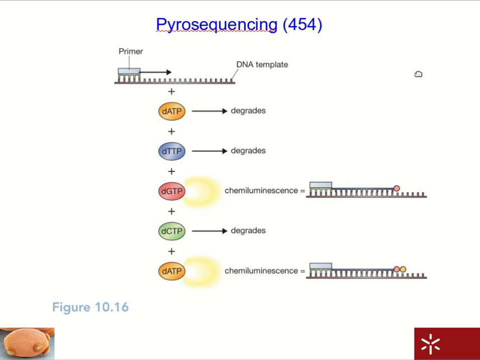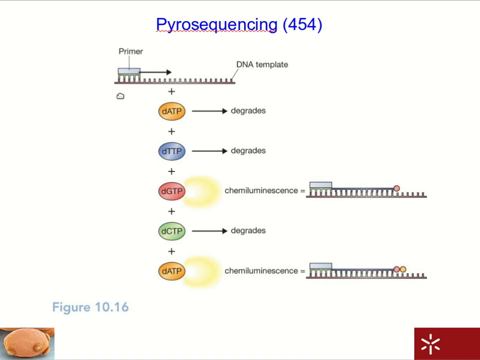The chemistry of the sequencing reaction, called pyrosequencing, used by the 454 protocol, is quite similar to the chemistry used by Sanger sequencing. The main difference here is that each nucleotide is added one at a time, whereas in Sanger sequencing all 4 nucleotides are present at the same time.